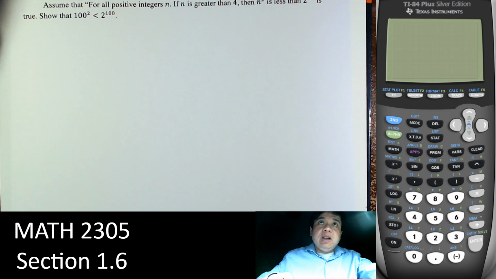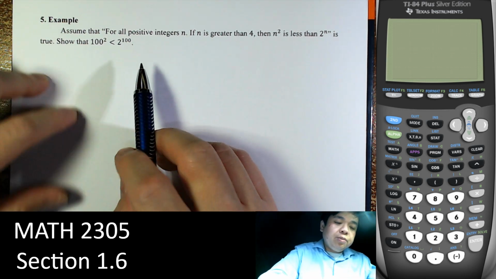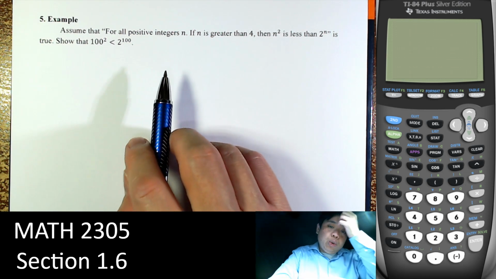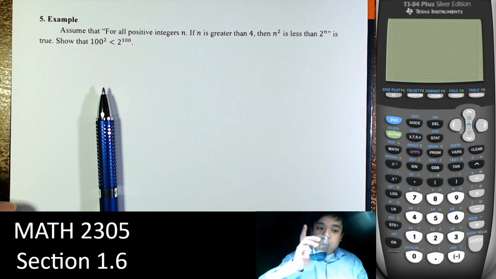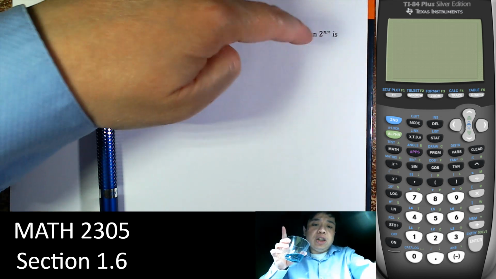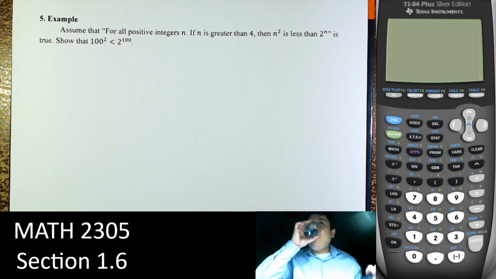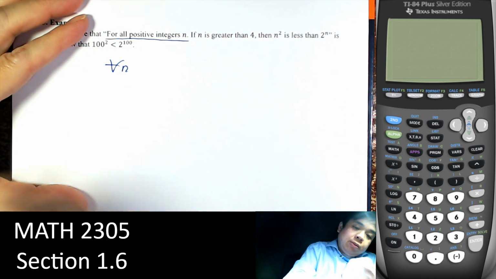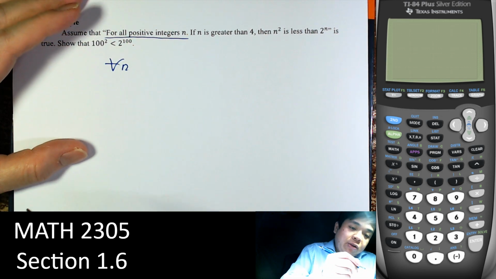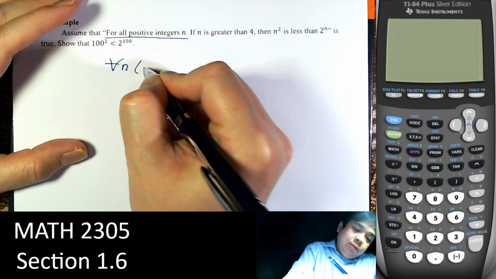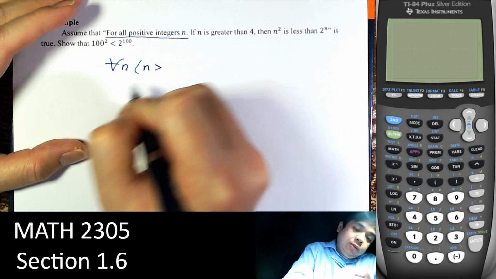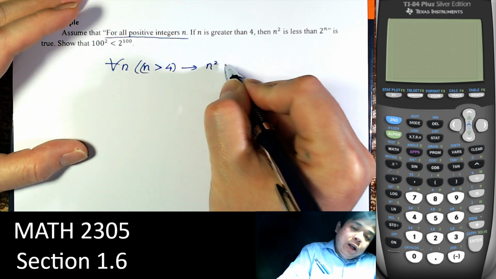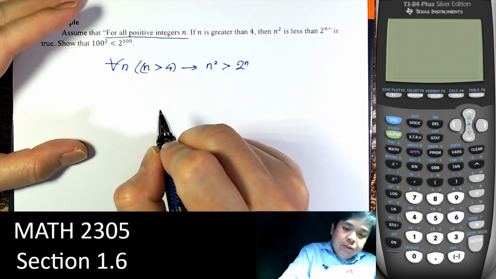We have a lot more of this in the next section, but now let's see how this works. For positive integers n, if n is greater than 4, then n squared is less than 2 to the n power. It's true. Assuming that this is true, so for every integer n that is greater than 4, it implies n squared is less than 2 to the n.